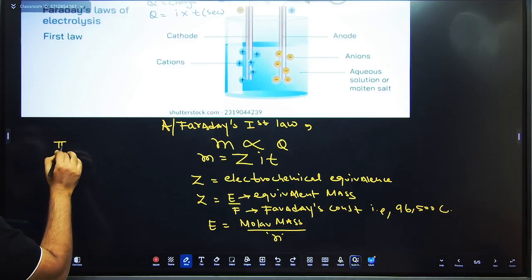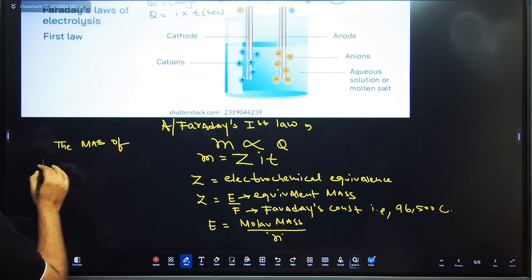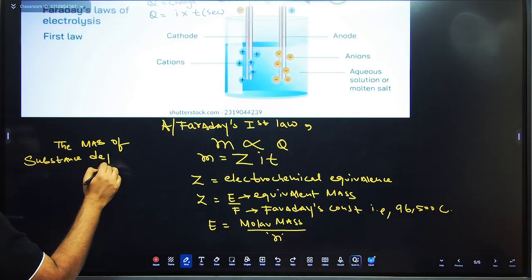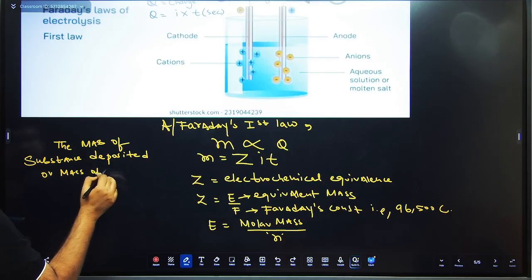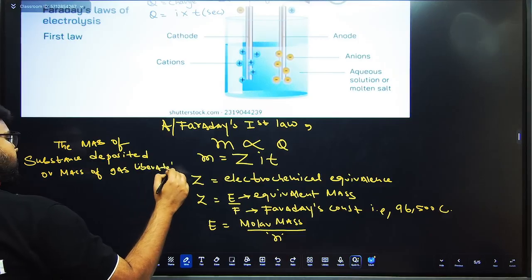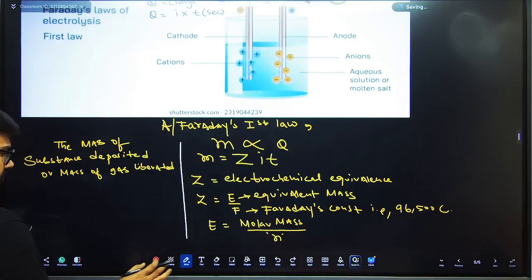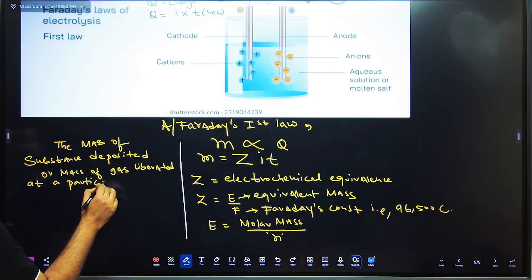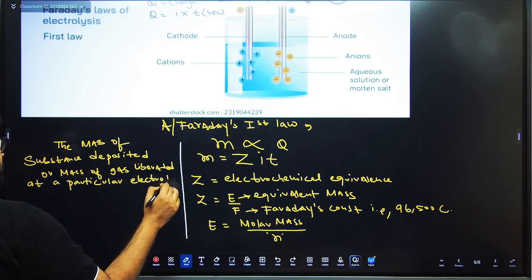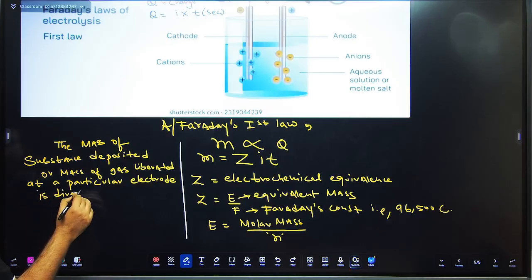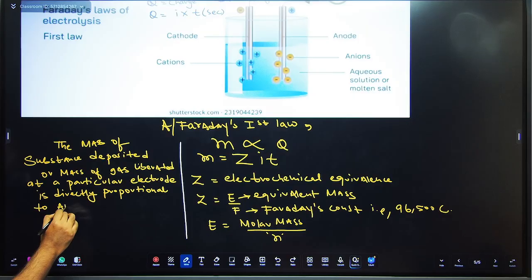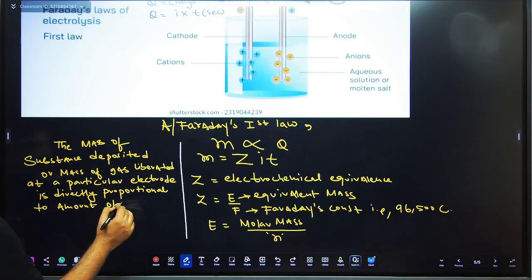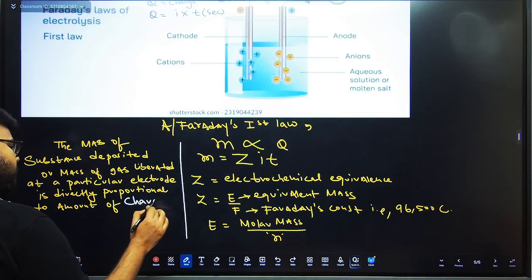The statement says: the mass of substance deposited or mass of gas liberated at a particular electrode is directly proportional to the amount of charge.